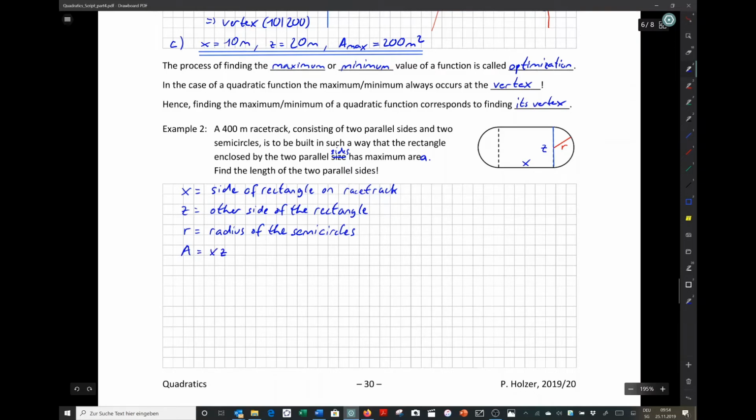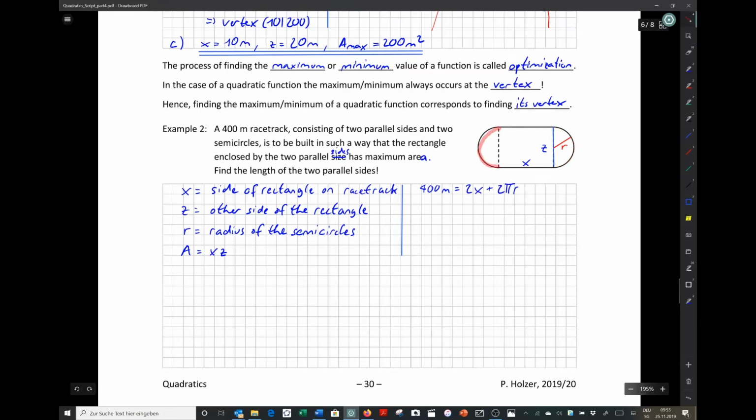We now have to reduce it to be just dependent on x, so we have to express z in terms of x. So what relation is there between x and z? Well, we have one information we haven't used yet, that's the length of the racetrack. The length of the racetrack is 400 meters, and it consists of 2 times the x here, plus 2 times the semicircles.